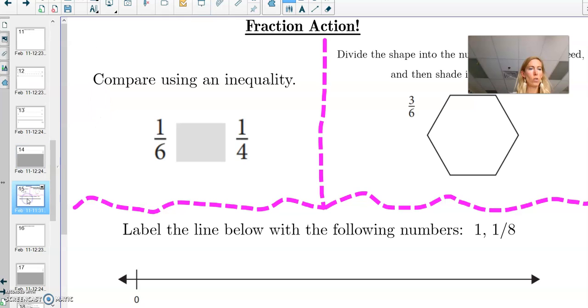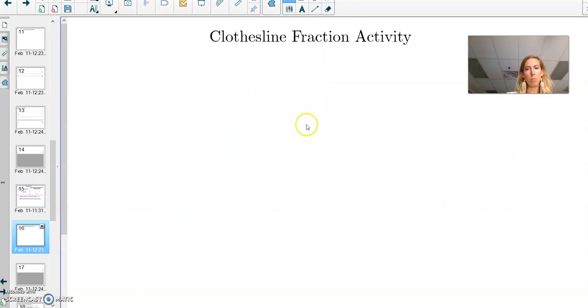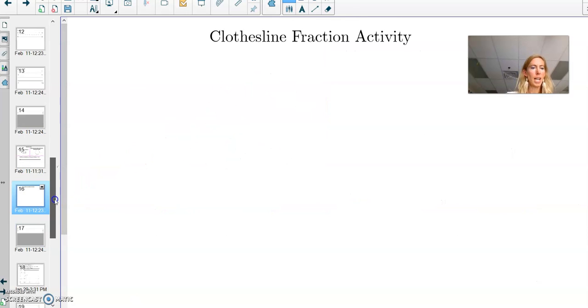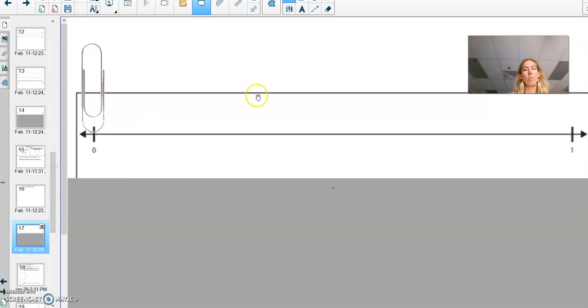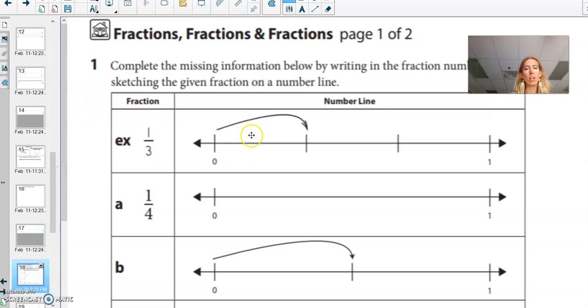And then you go and slide into the next day, more fraction action for some warm-ups if you want. Put some more fractions on your clothesline, and then practice again with the number line, a few of those, and there's a PDF page to practice filling in the blanks on number lines.